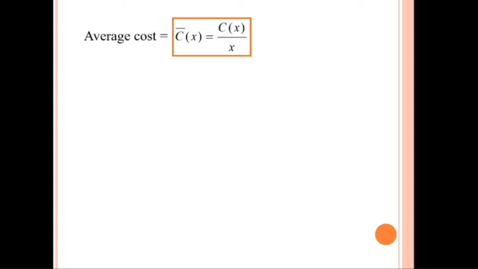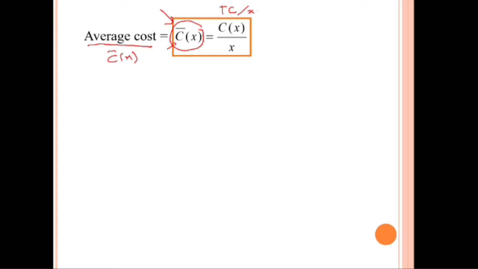Now, what is average cost? The formula of average cost is just C(x), where C is the total cost, divided by the number of units. Average cost is always labeled as C bar. This bar refers to the average of the cost function. So in short, average cost is written as C bar (x). Average is purata.